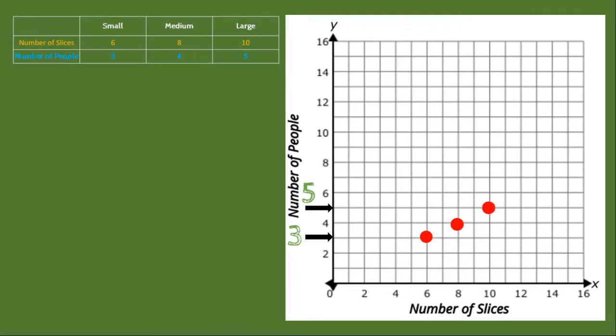Finally, we have the last point that is shown in our original numbers, which is number of slices is 10, so we go all the way to 10, and up to the number 5. We want to figure out for extra large, and if we continue with this trend, we move on to the number 12 and up 6 units.